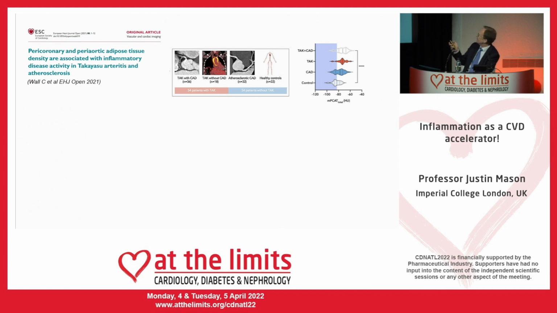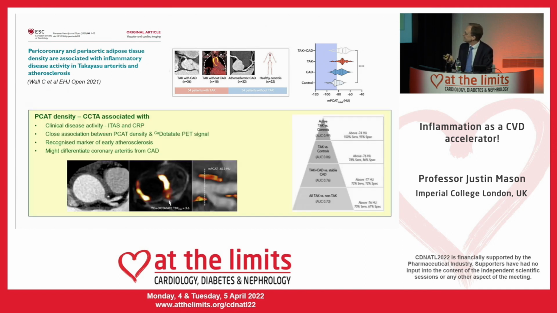We could stratify the patients based on the pericoronary fat, and we also used aortic fat. So TAK and CAD had the largest change in FAI, then TAK, then the coronary artery disease, and then the control, suggesting that inflammation on top was affecting the pericoronary fat.